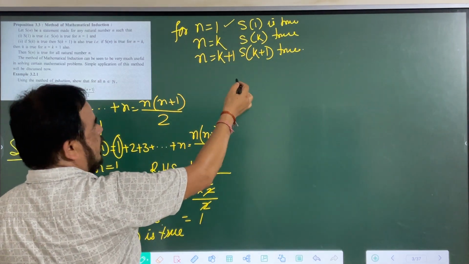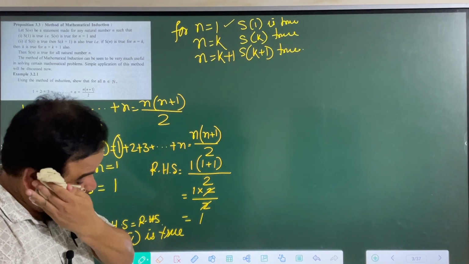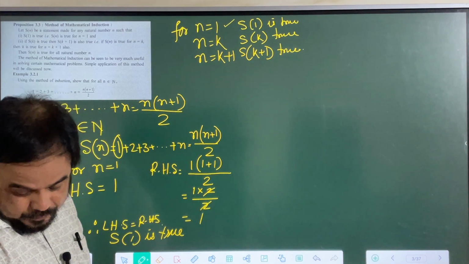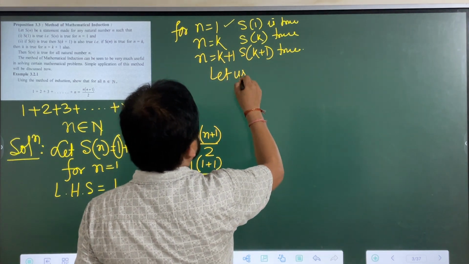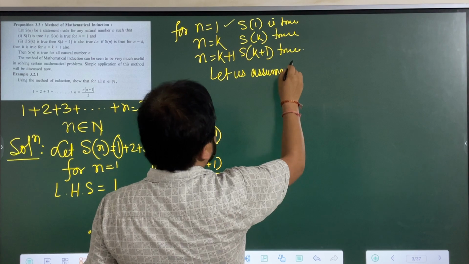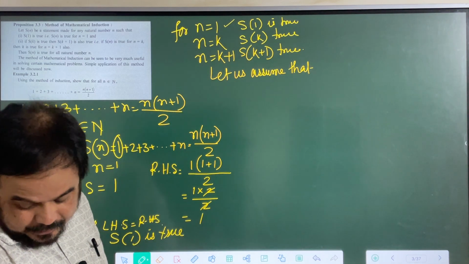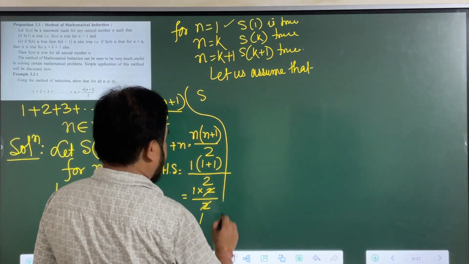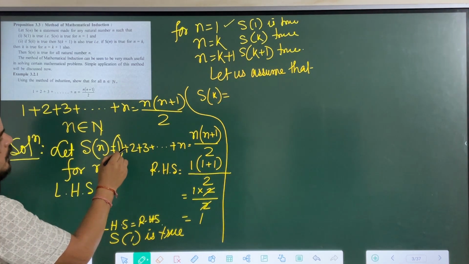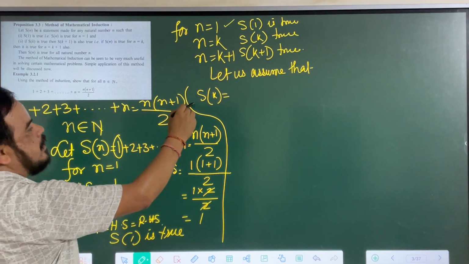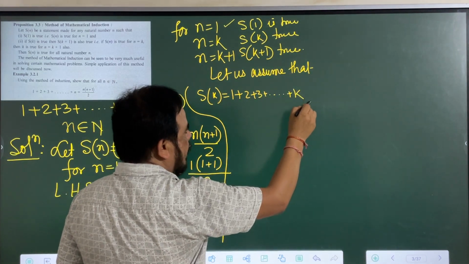Now n equals k. Now you have to use some sentence. Look here at what I am writing. Let us assume that Sk is equal to 1 plus 2 plus 3 plus up to k.